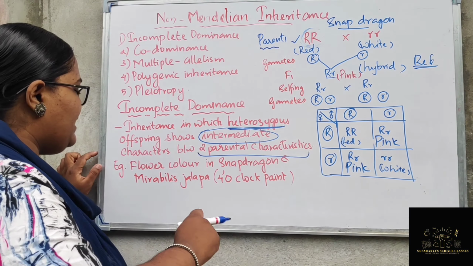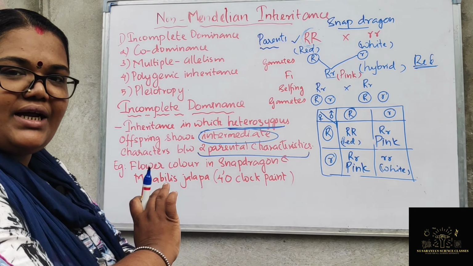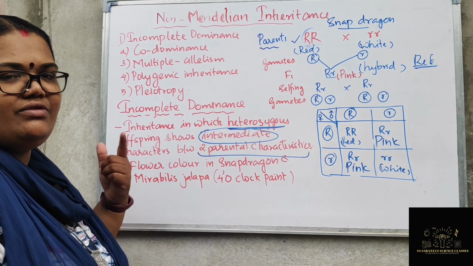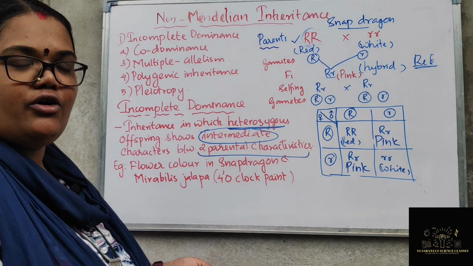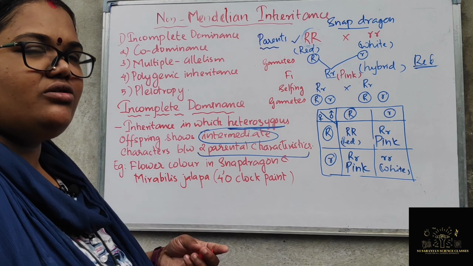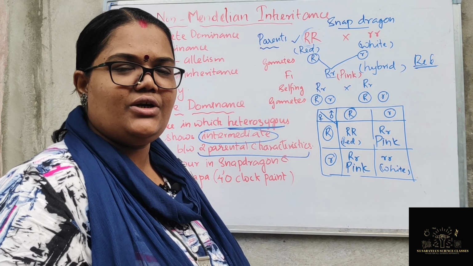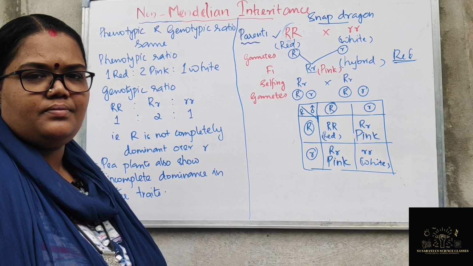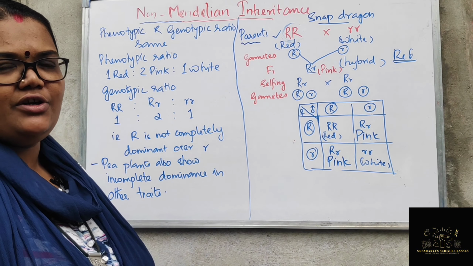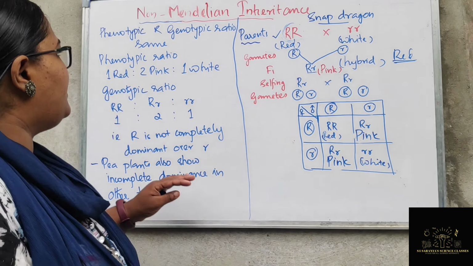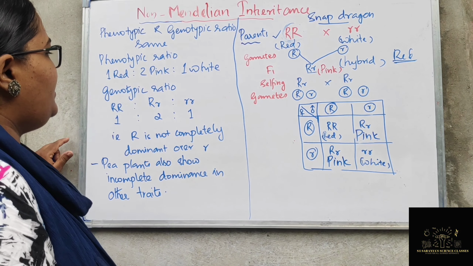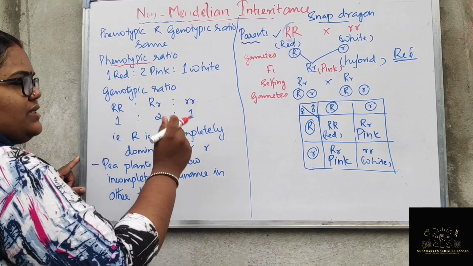Example, you can see mainly the flower color in Snapdragon and Mirabilis jalapa, which is otherwise known as the 4 o'clock plant. Snapdragon is otherwise known as dog flower. So here, if you are taking the phenotypic and genotypic ratio, you can see the phenotypic ratio, that means the expressed ratio.